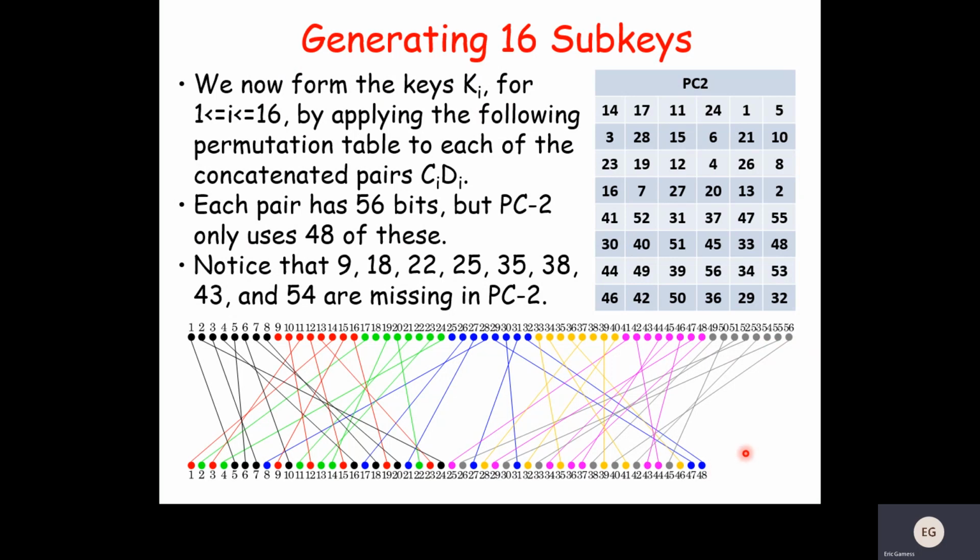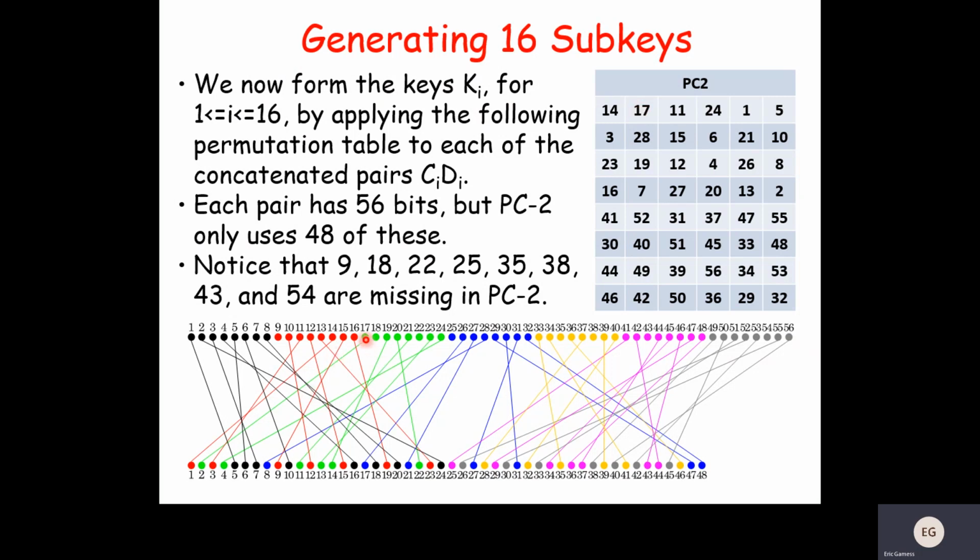So as you can see, how do we go? Bit 14 of the input will be the first bit of the output. If you look here, bit 14 is this red one. If I follow the arrow, it takes me to bit 1. Bit 17 of the input will be the second bit of the output.